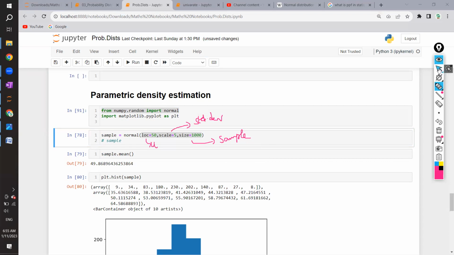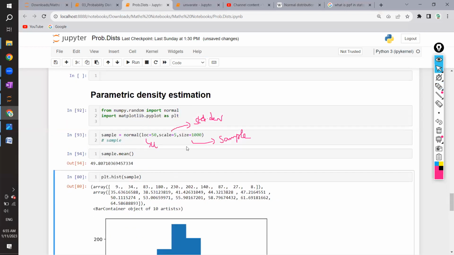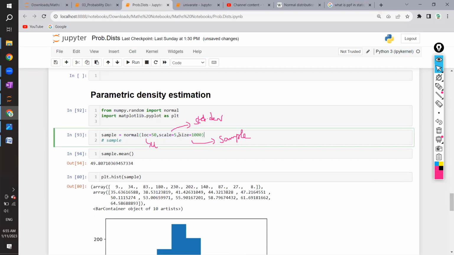What we are trying to do here is take a sample of size 1,000 from a population with a mean of 50 and a standard deviation of 5. These are population parameters, guys.